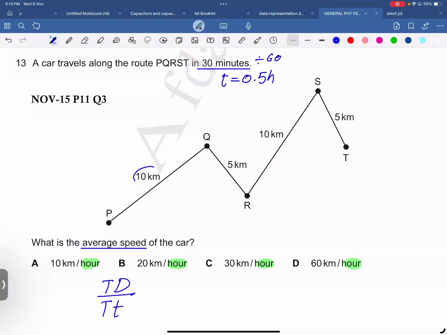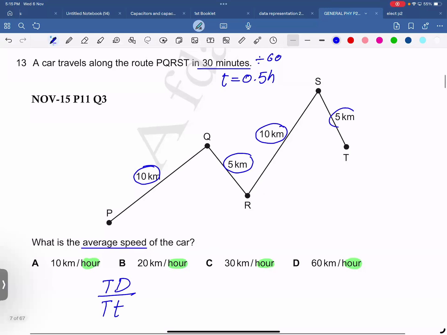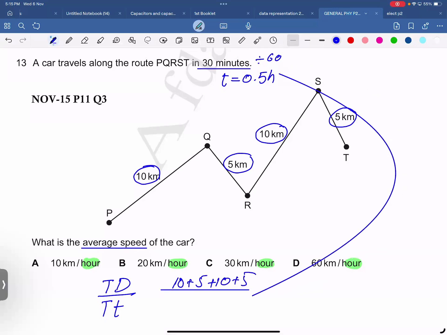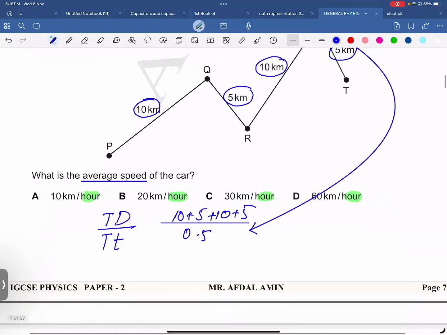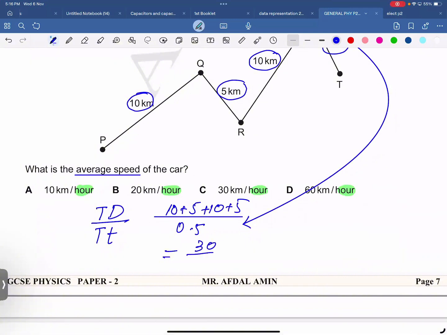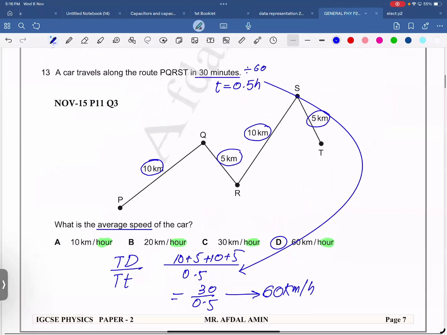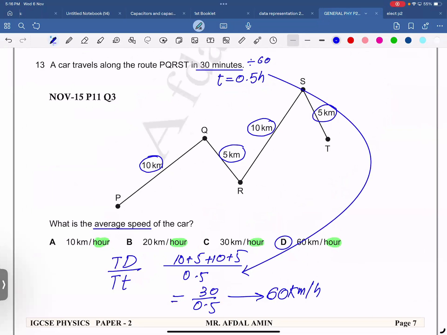Total distance traveled: 10 plus 5 plus 10 plus 5, over total time, which they already told you. So the total time is 0.5 hours. So it is 30 over 0.5, which is 60 kilometers per hour. Option D, my dear students.